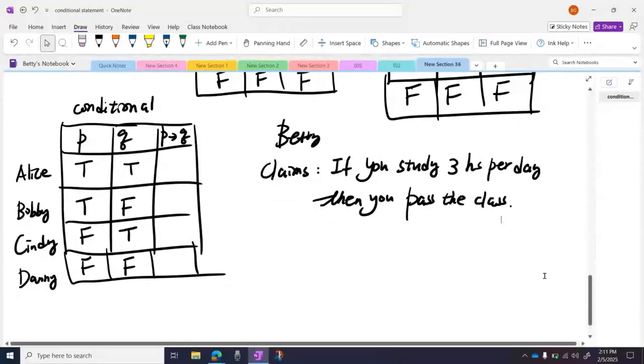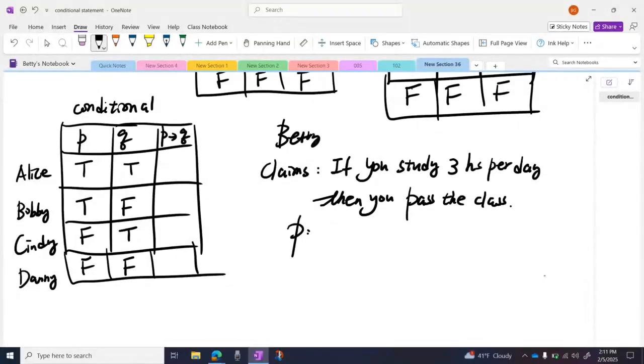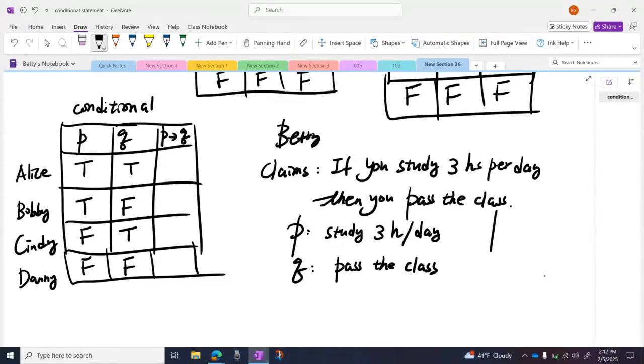Okay, so here, if we let P be a student studies hard, studies 3 hours per day, and Q is the statement the student passes the class, then my claim can be symbolically denoted as P implies Q, right?